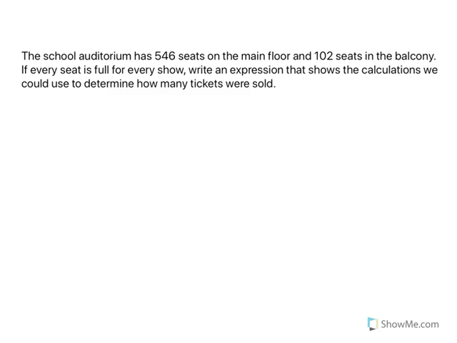So again, they want us to write an expression that shows the calculations we could use to determine how many tickets were sold. The first thing that we need to do is figure out how many total seats there are in the auditorium. And we know that there are 546 seats on the main floor and then 102 seats in the balcony.